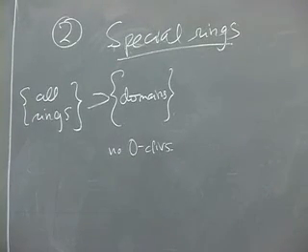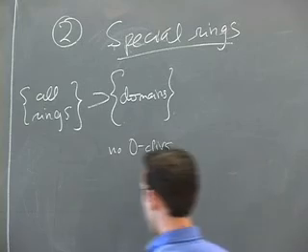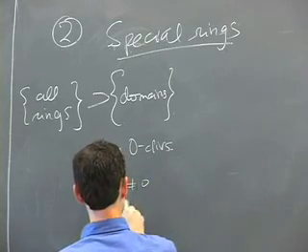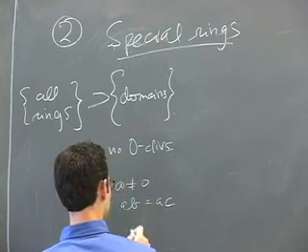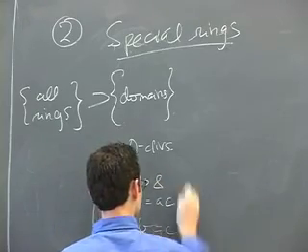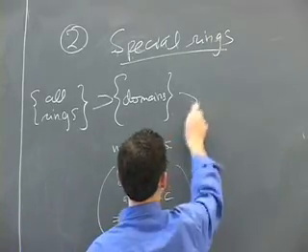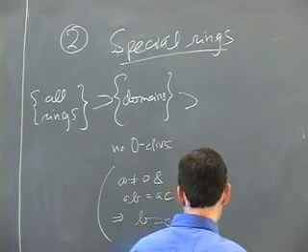This is the thing that you use most. I've written it out longhand over there, but the point is that if I have A not equal to 0 and AB equals AC, then in a domain I know that B equals C, even though I don't have an inverse for A.